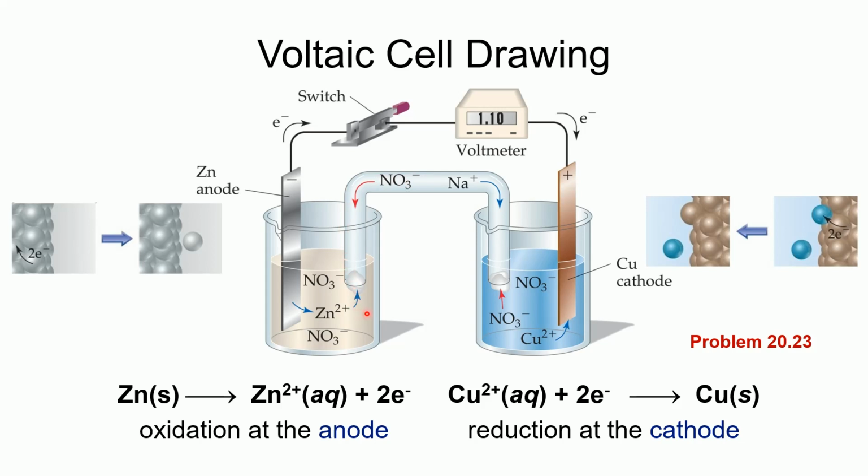What actually happens is we get an equal amount of negative charge that will flow this way in the form of anions. So what this salt bridge is, it is a tube of glass, and inside that tube you put a strong electrolyte like sodium nitrate, one that doesn't participate in the reaction, that's going to have no negative effects on the reaction, but does allow electricity to flow through the solution because it is a strong electrolyte.